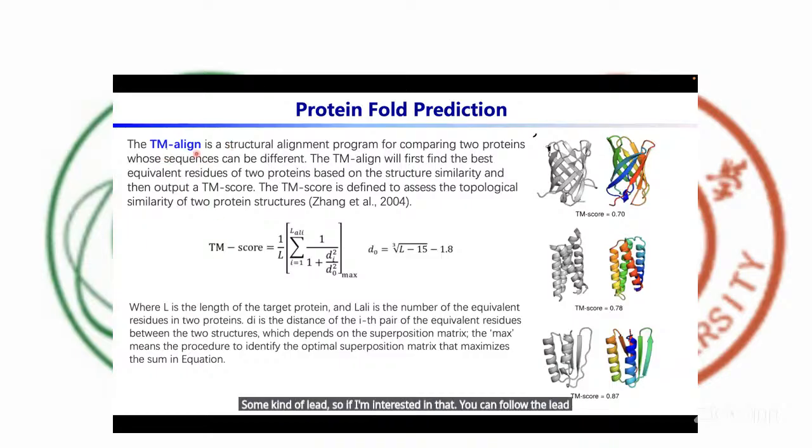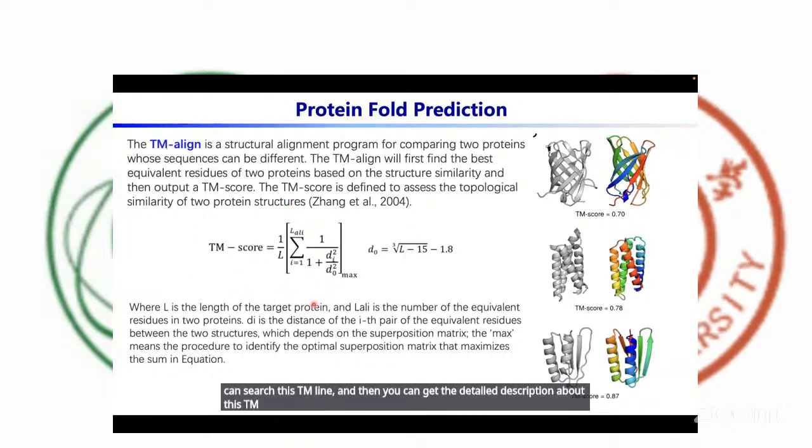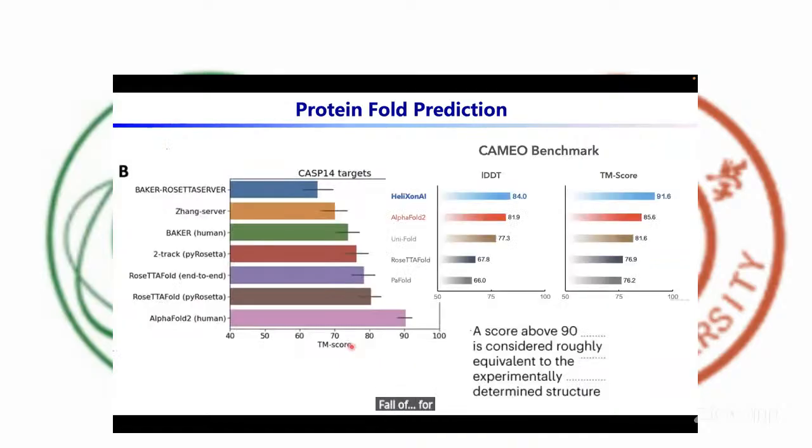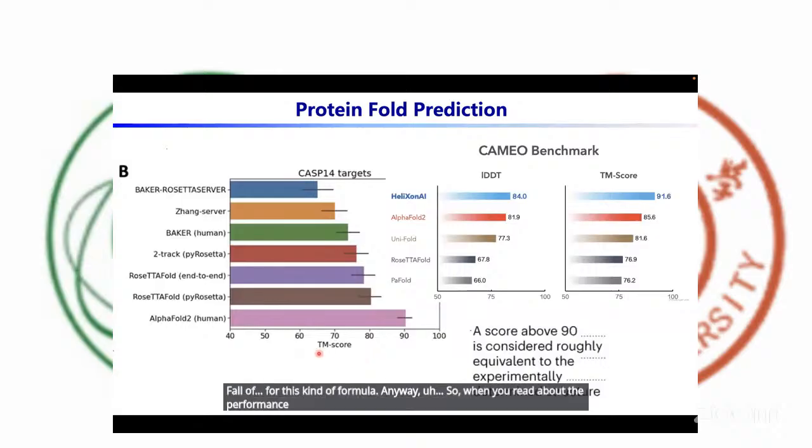You can search TM-align, and then you can get the detailed description of this TM score, how it was defined, and what the mathematical reasoning is for this kind of formula. Anyway, when you read about the performance, you should not be unfamiliar with the terminology TM score.